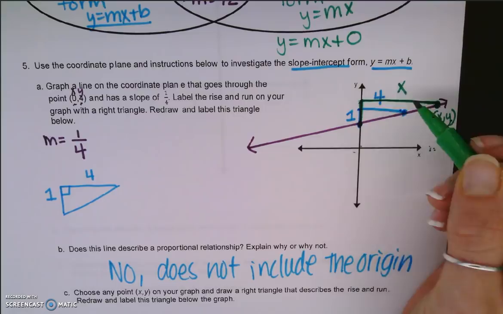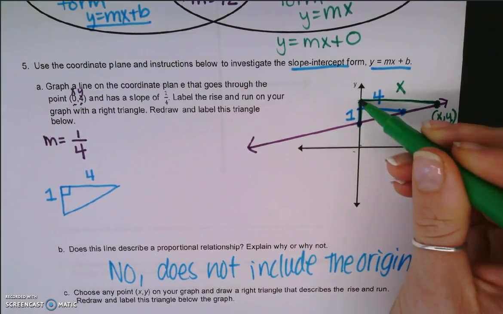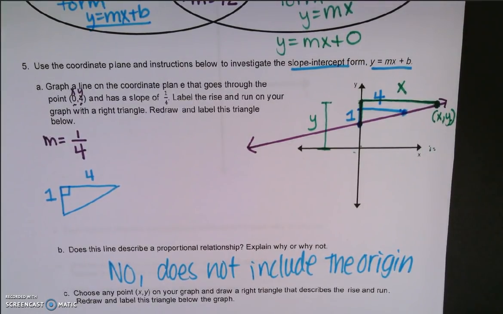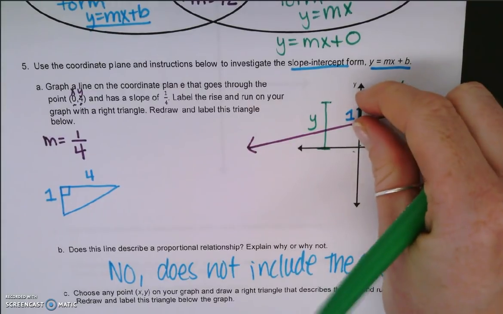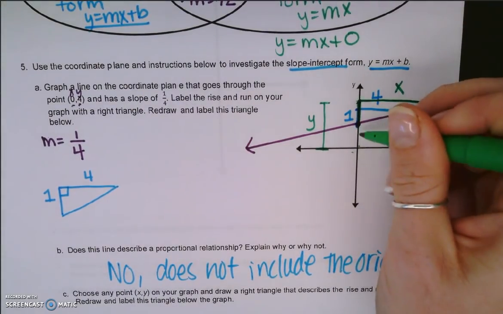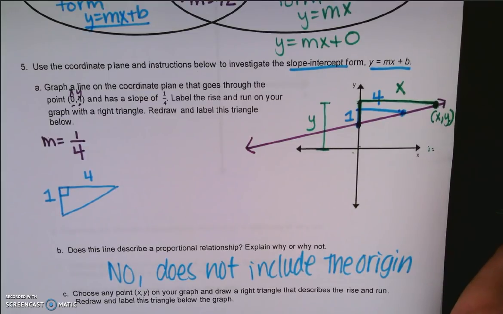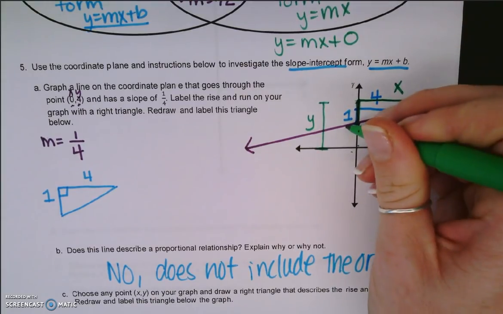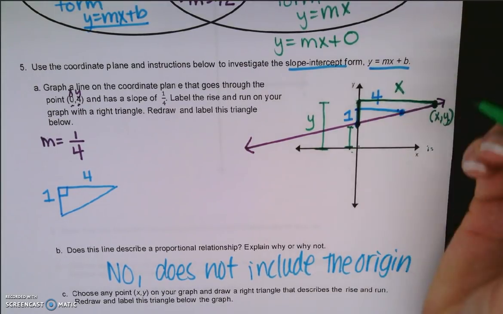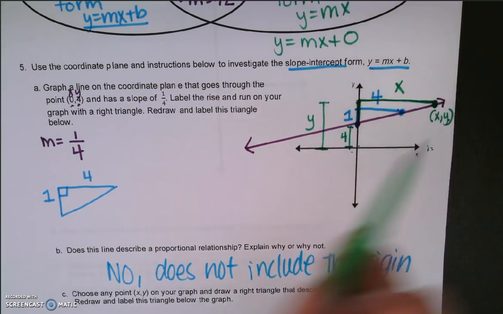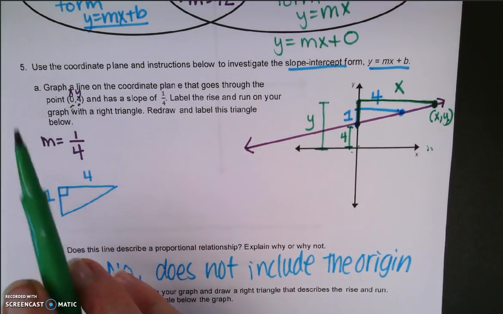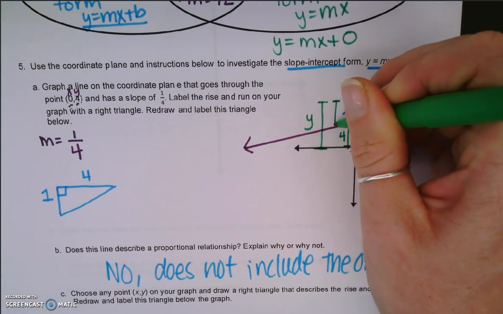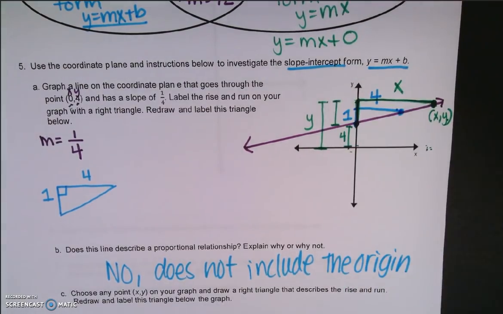My y value, though, remember when we went from the origin up to y, this entire distance was y. But I don't have that entire distance. My distance is actually much smaller than y. What else do we know about some of these heights, these vertical amounts? Oh, I know that this value here, from my origin to my y-intercept, is 4, because they told me my y-intercept was at the point 0, 4. So the only thing I need to figure out for the height of my triangle is what this amount is.